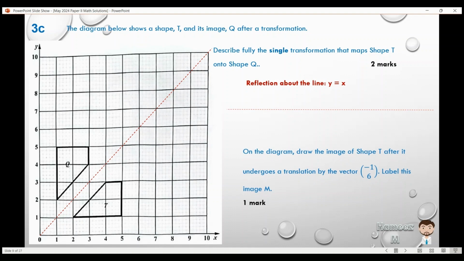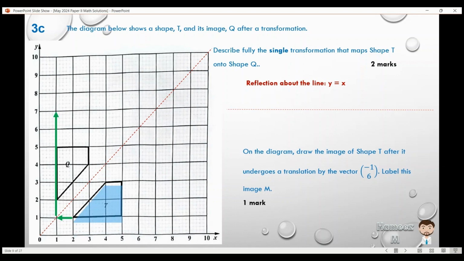So if we consider shape T and we're sliding it along the column vector -1, 6, it means we're moving -1 or 1 unit to the left. And we'll indicate that with a green arrow. And then 6 units upwards. So we'll move from 1 up to 7. 1 plus 6 is equal to 7.